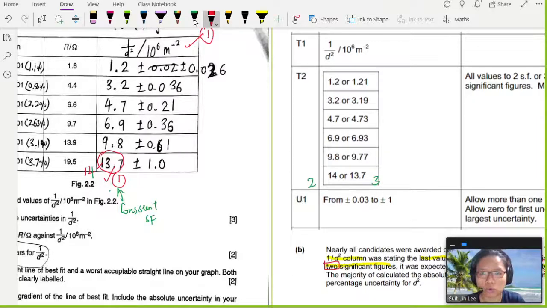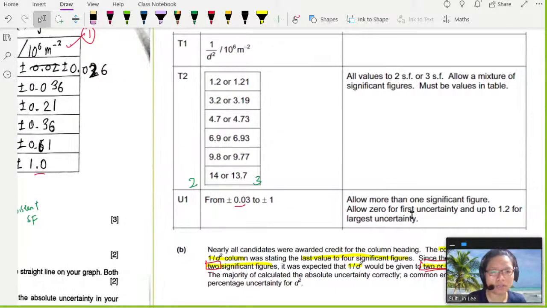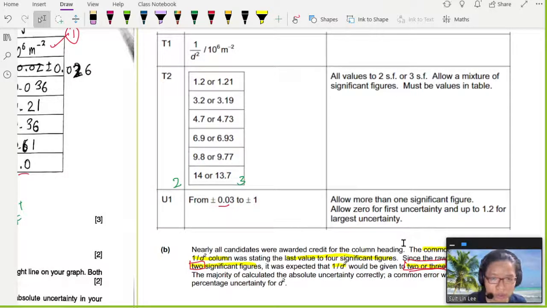Like from here, it will go from 0.03, because if I round 0.026 is 0.03 to plus minus 1. So all this one is okay. Alright, so allow more than 1 SF. Okay, sure. Allow 0 for first uncertainty and up to 1.2 for the largest uncertainty.